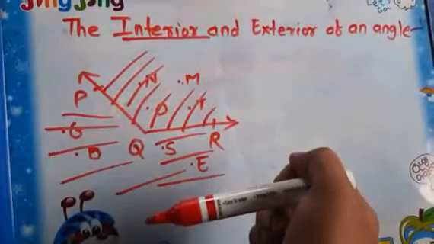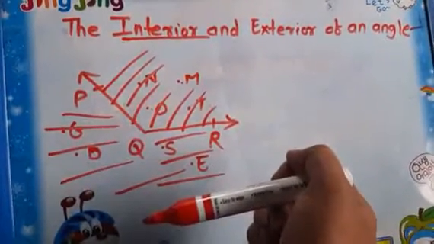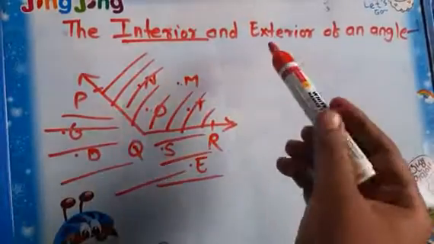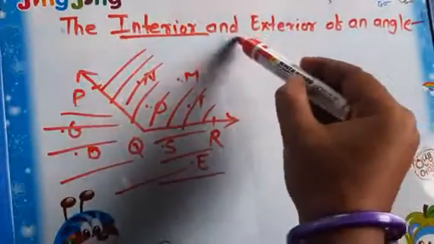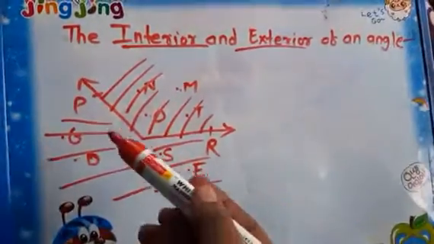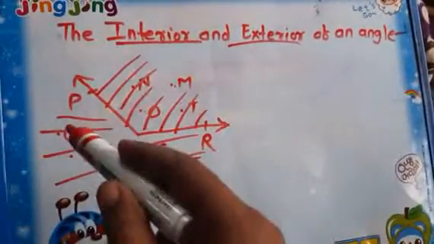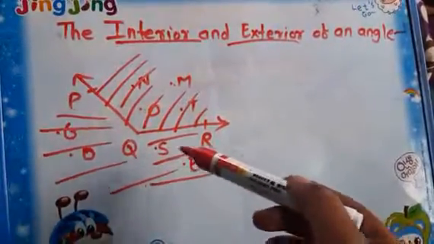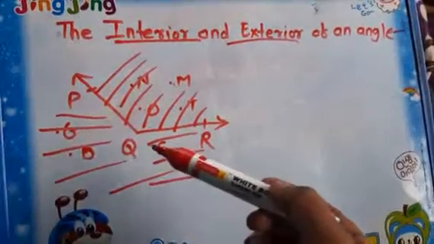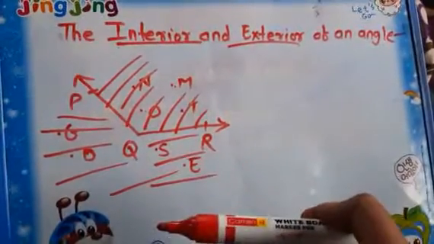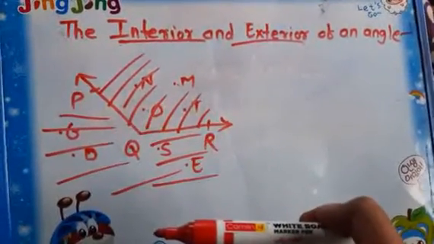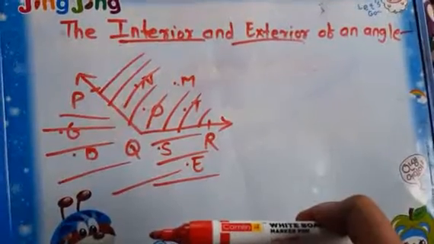Can you give the names of points which are present in the exterior part? Exterior means outside. So out of this angle, whatever is the area, that is called exterior. So in this area, which points are present? G, D, S and E. So these points are present in the exterior of the angle.